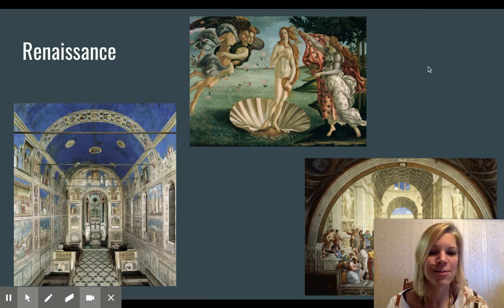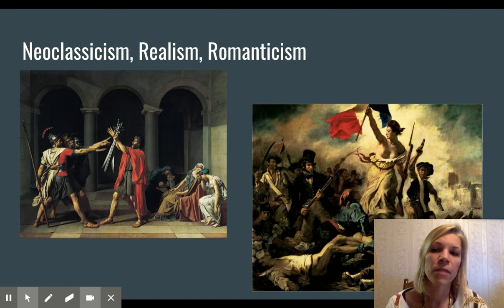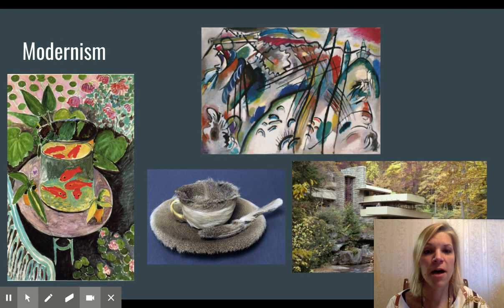We'll look at the Renaissance, of course. Baroque and Rococo, which come after the Renaissance. And we'll talk about the different political movements that really drove these artists. Neoclassicism, realism, and romanticism. We'll get into all the isms. And that'll move us into modernism, and we'll talk about all the isms in modernism.